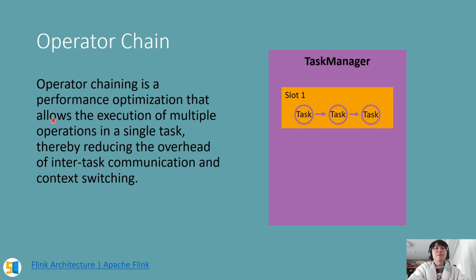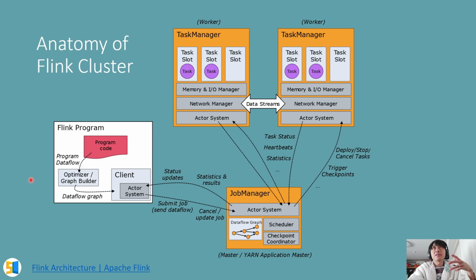Of course, there are limitations, but basically those tasks that are compatible with each other will be grouped, and this operator chaining, if I'm not mistaken, will be run automatically by Flink. But we also have access to manage it manually if we want. So this is my last slide about the anatomy of the Flink cluster.